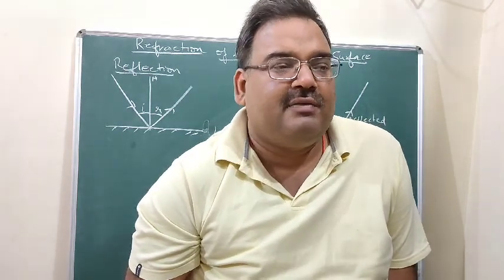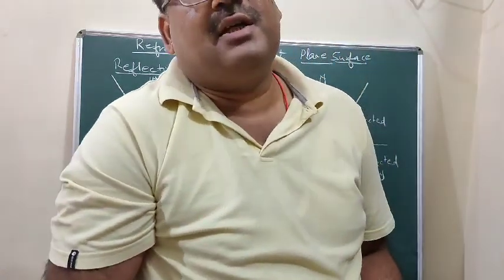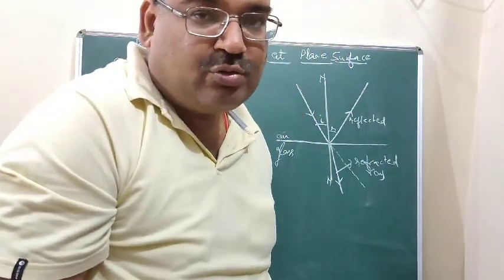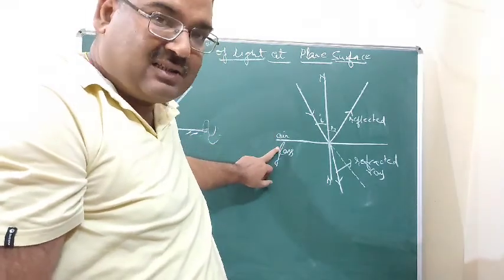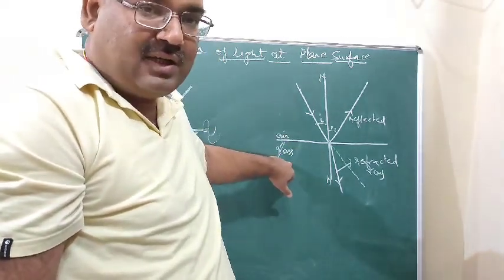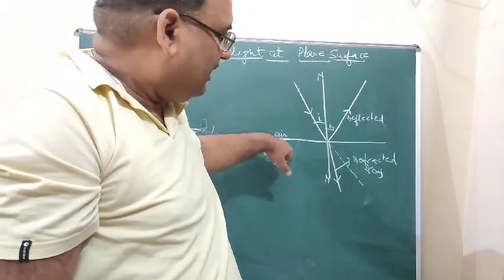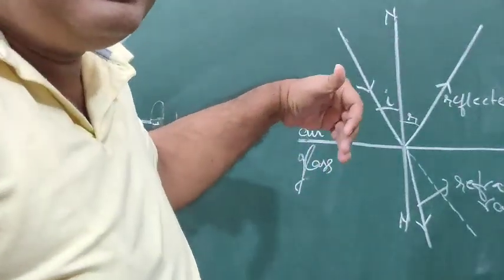Now when we say it's a boundary, when the ray passes from one medium to another medium, it means the optical densities of the two media are different. So air and glass: air is rarer than glass. When two different media are there, the ray deviates.